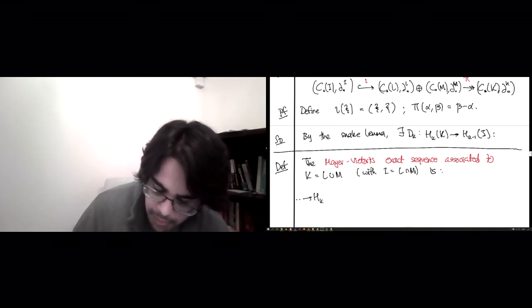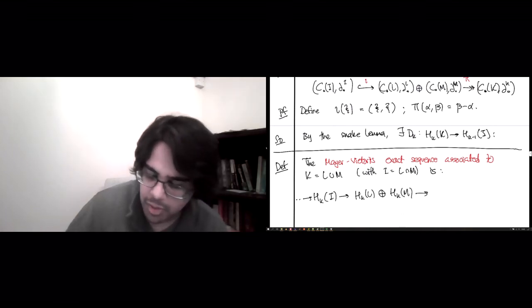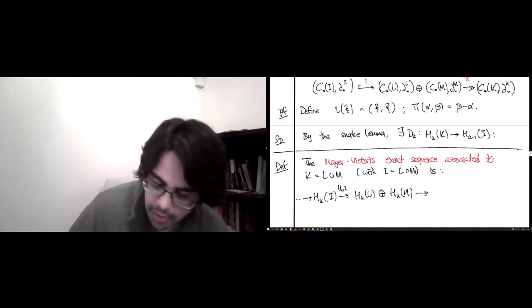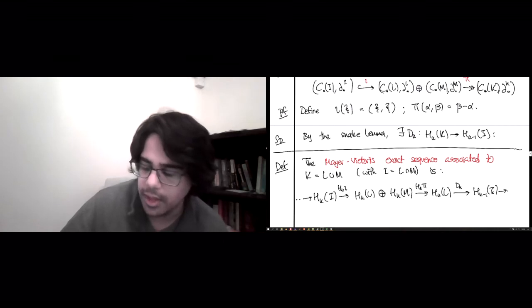So you take the k-th homology of I, you get the induced map on homology to the direct sum, then you take the map induced by pi, so this is H_k iota, this is H_k pi, to the homology of K, and then you take the connecting map ∂_k and you get H_{k-1} of I, and the story continues again.